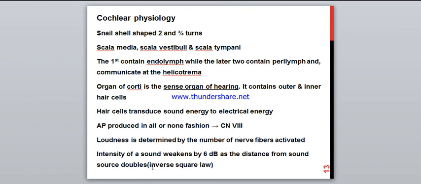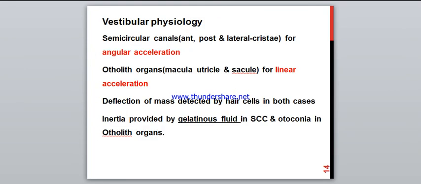Intensity of sound weakens by 6 decibels as distance from the sound increases, that is the inverse square law. As the source of sound is far, there will be weakness of the sound.